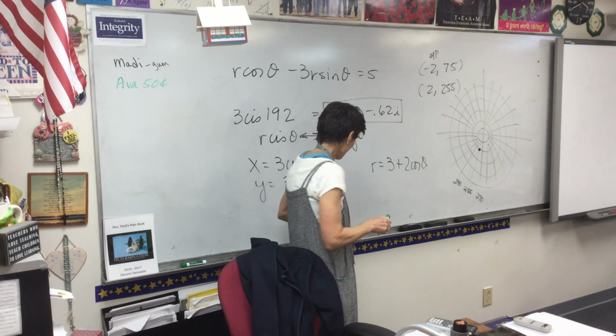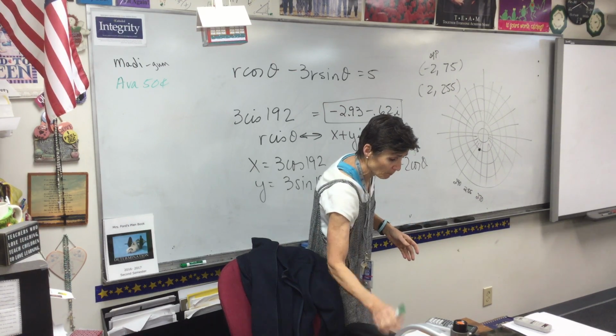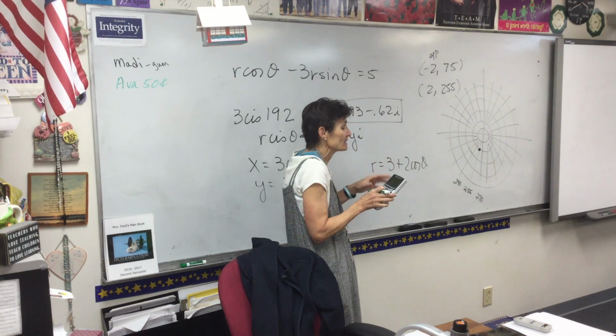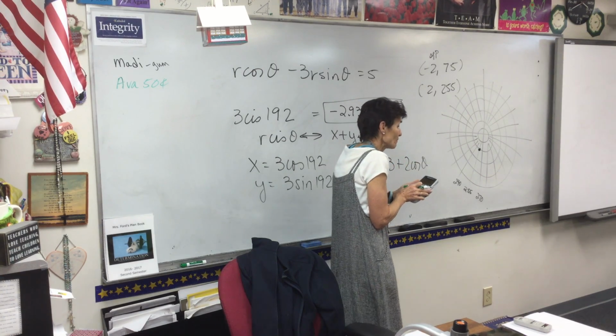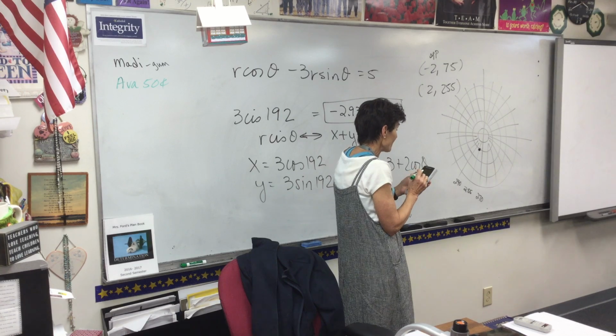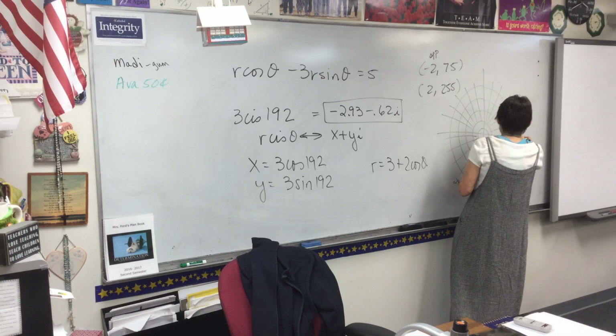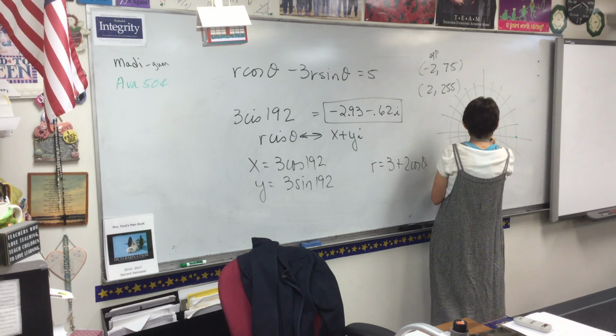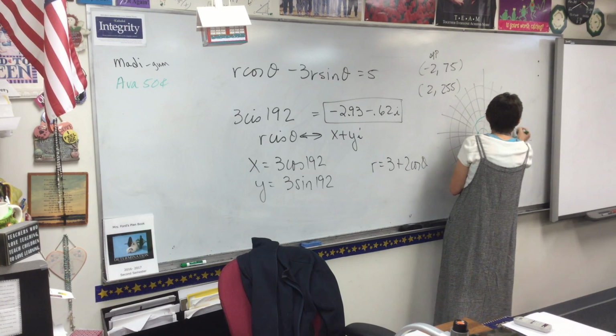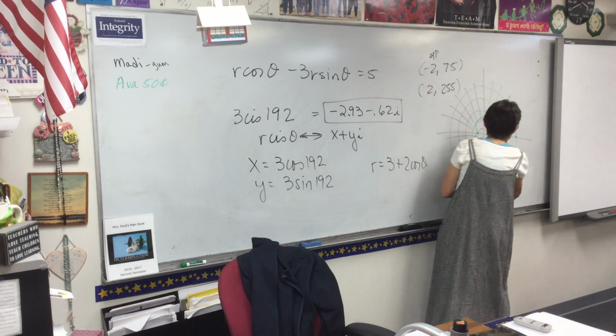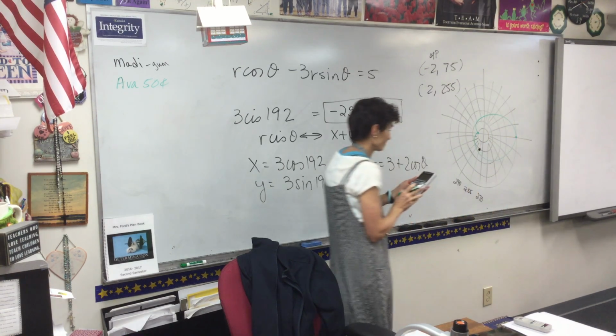Remember that Mrs. Ford isn't going to be all super picky about everything being perfectly symmetric, but you have to at least have the right size. So I'm counting my hash marks, 1, 2, 3, 4, 5. And it looks like I got a little indentation right here. So it looks something like that.